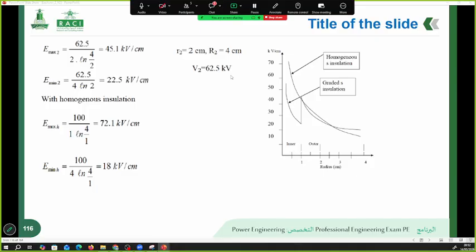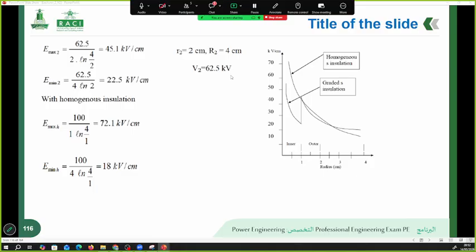The maximum electric field occurs at the conductor surface and is calculated as 45.1 kilovolts per centimeter, while the minimum field at the outer boundary is 22.5 kilovolt per centimeter. So this shows a relatively more balanced field distribution.